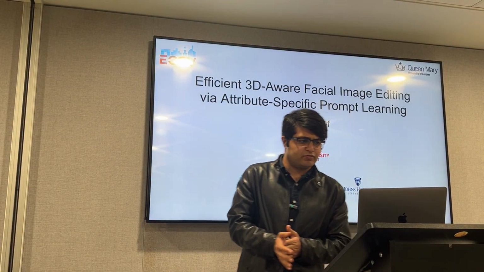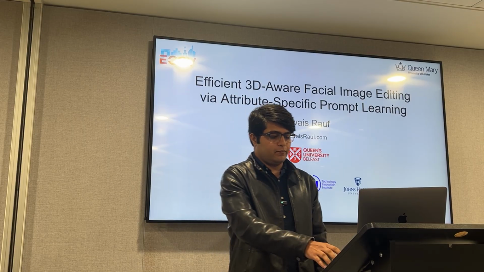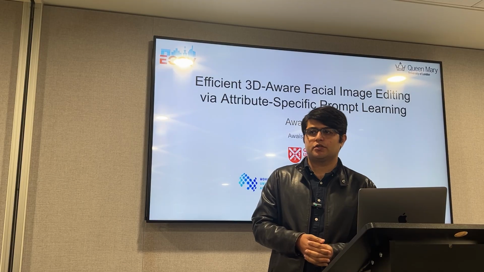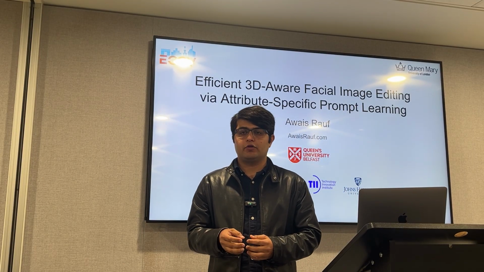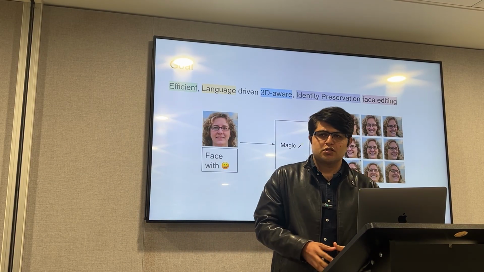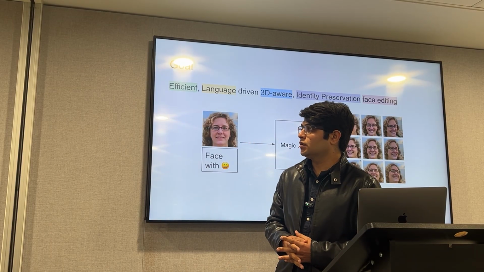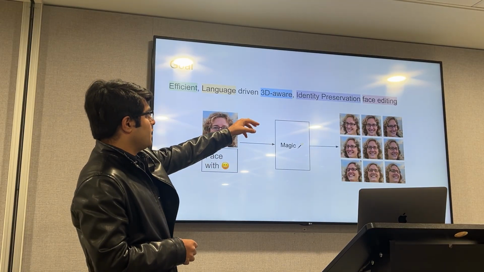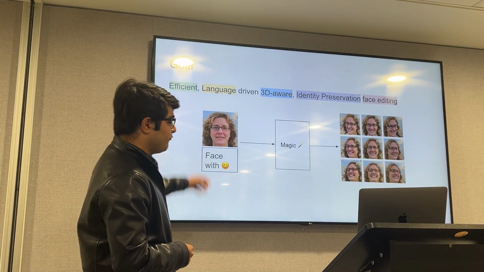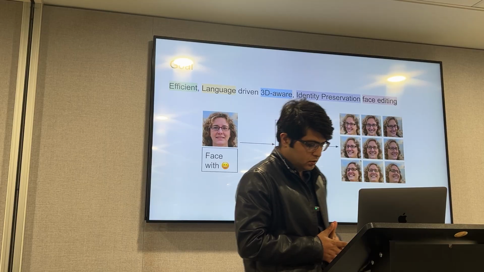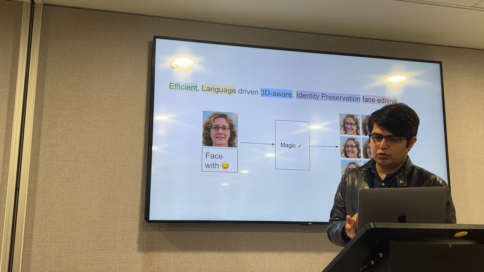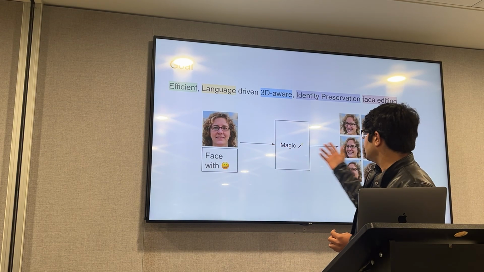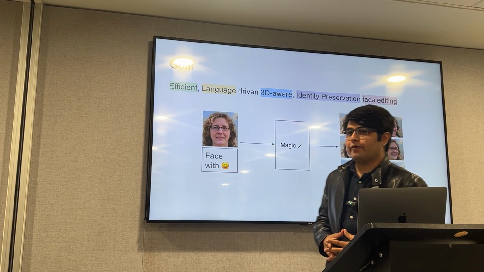So I'll be presenting this work from ECCV that was done in collaboration with Johns Hopkins and a few other institutes. The main goal of this work is face editing with language-driven ideas. Basically, we want to be able to edit any face in 3D using language-based prompts.